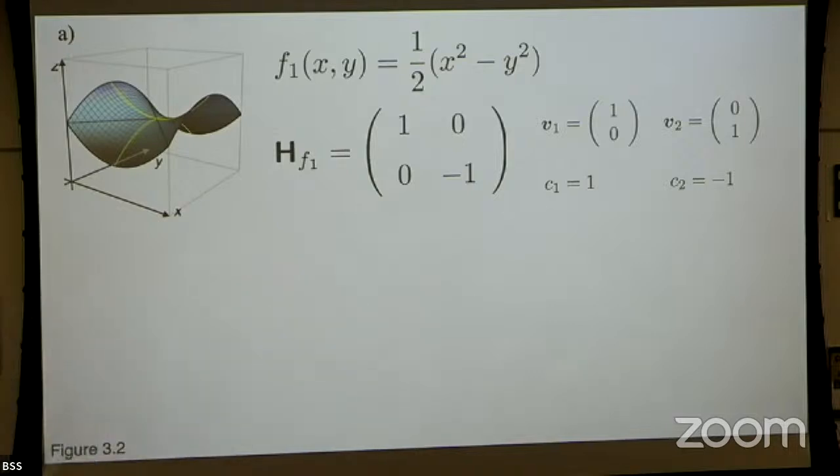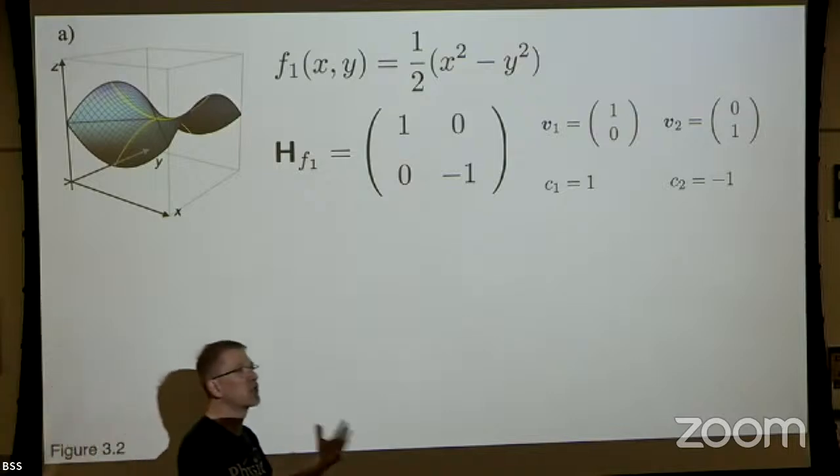If you look at the surface, if you go along the x direction, you see this upwards pointing parabola, and you have a curvature +1. If you look at the y direction, you get a downwards pointing parabola with a curvature of -1. So the signs tell you up versus down, and how are these directions special? It turns out that these curvatures are extremal.